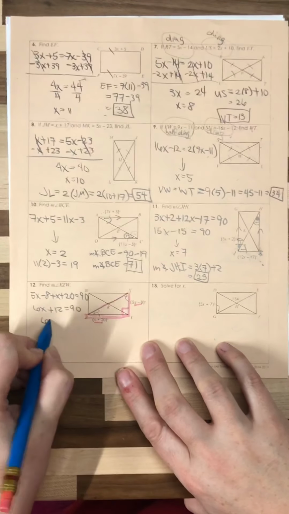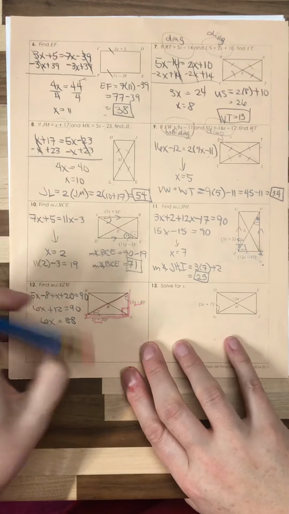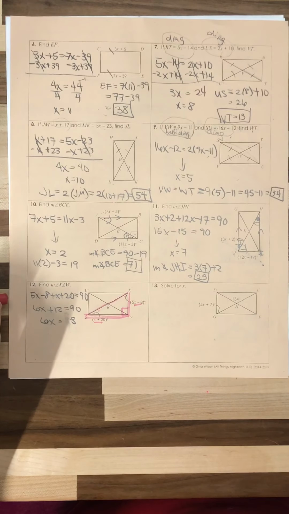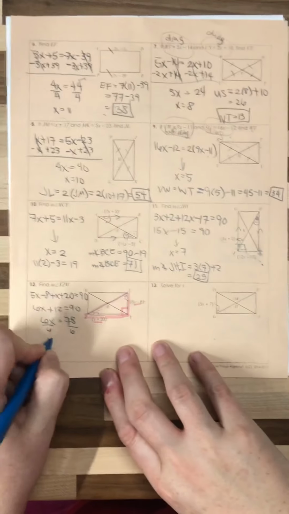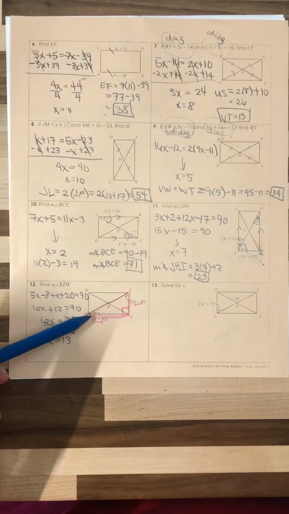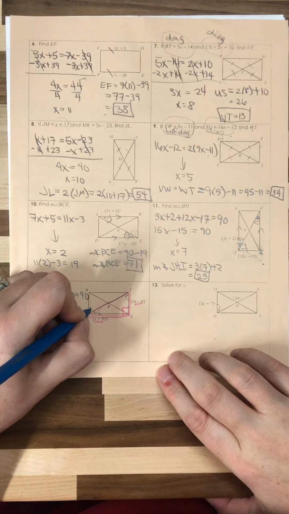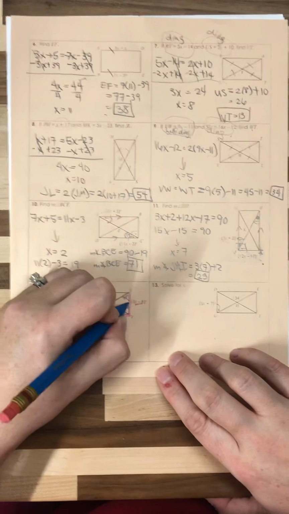So subtract 12, 6x equals 88. No, I'm sorry, 78. Yeah, 78. I can't think tonight. Divide by 6, and x equals 13. But of course, that's not enough. They want to know angle XZW. Remember what I said about alternate interior angles? So this one has to be the same as this one because of these parallel sides.